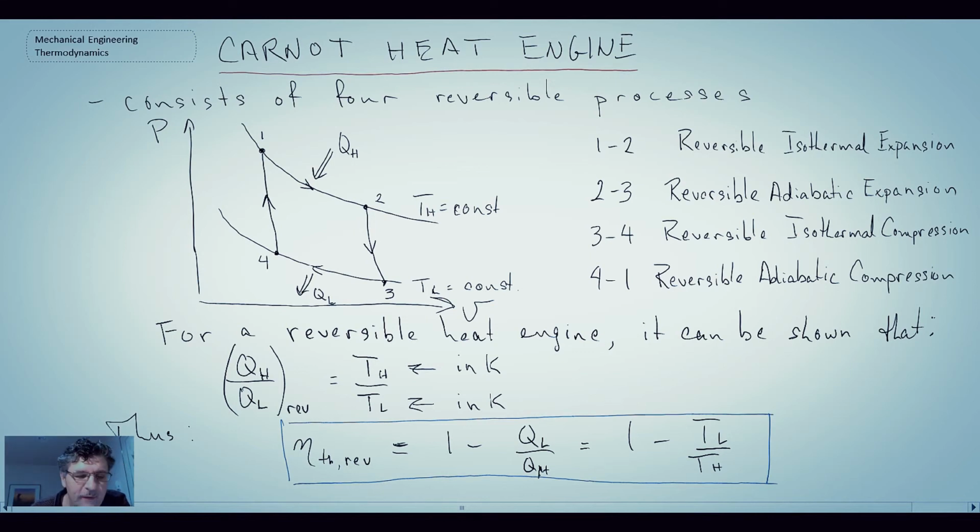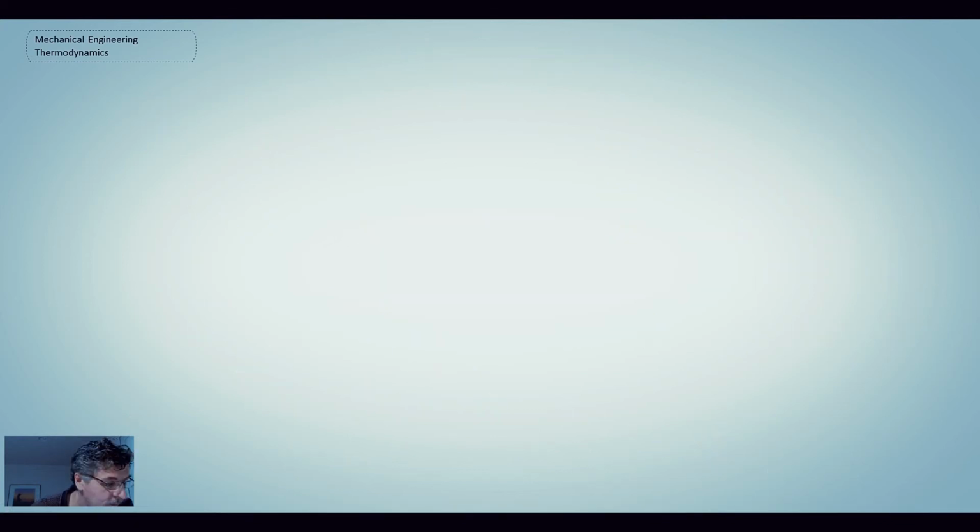Now, there are a couple of comments that we should make about the Carnot process, in particular the Carnot heat engine. And these are referred to as being Carnot principles.